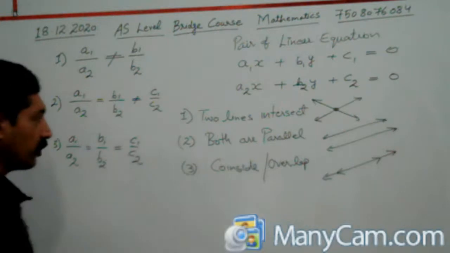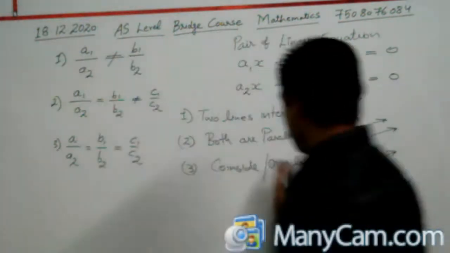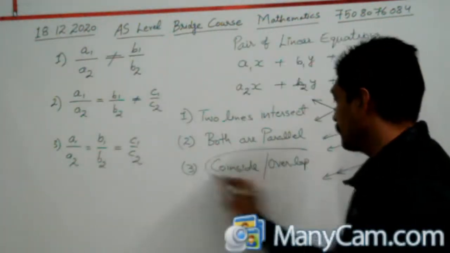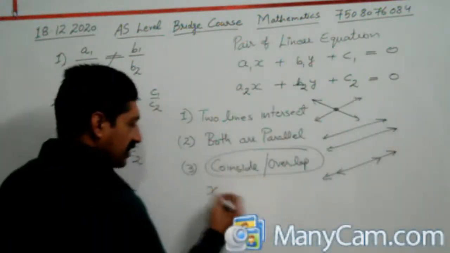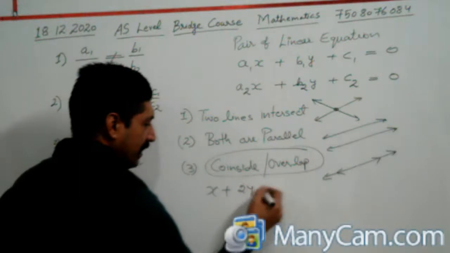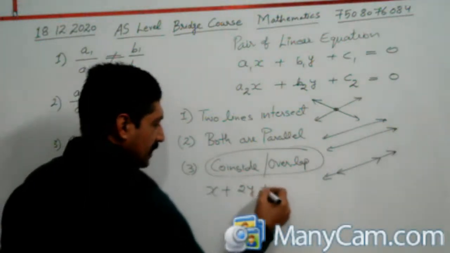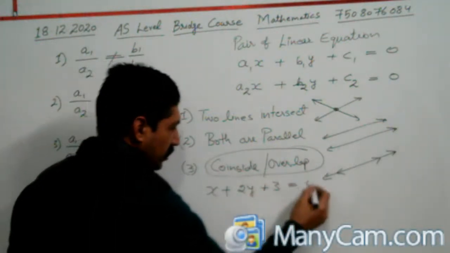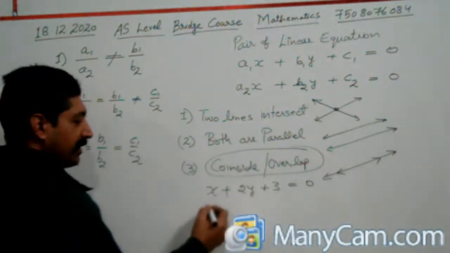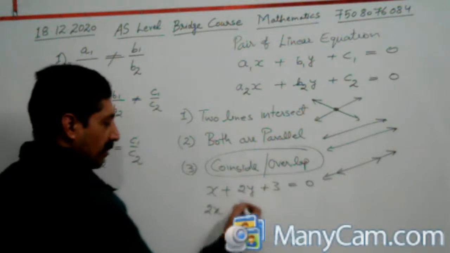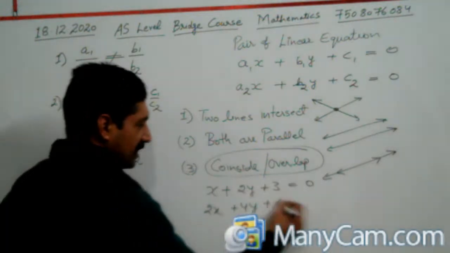If I have to give an example of this third one, coincident lines, then if one line is x plus 2y plus 3 is equal to 0, the line which will coincide, if I multiply by 2, is 2x plus 4y plus 6 is equal to 0.